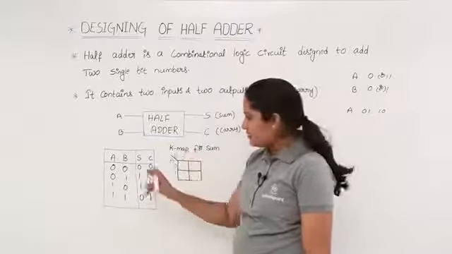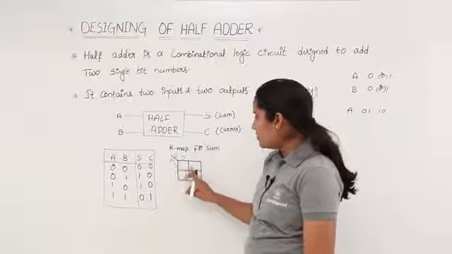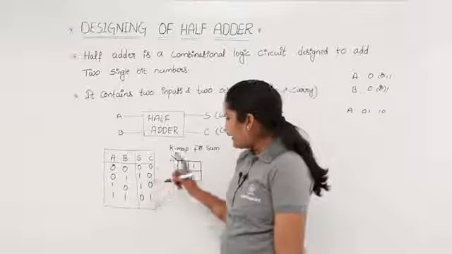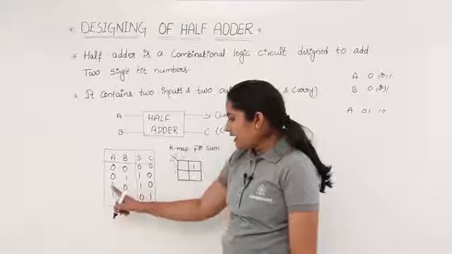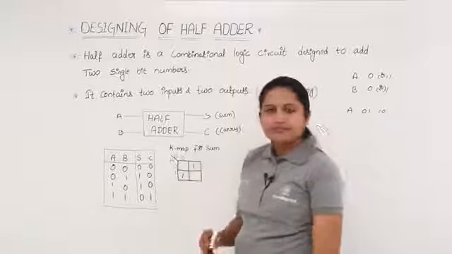This is one case where sum is equal to 1. A equal to 0, B equal to 1 is this case. And another one is when A equal to 1, B equal to 0, which is here.